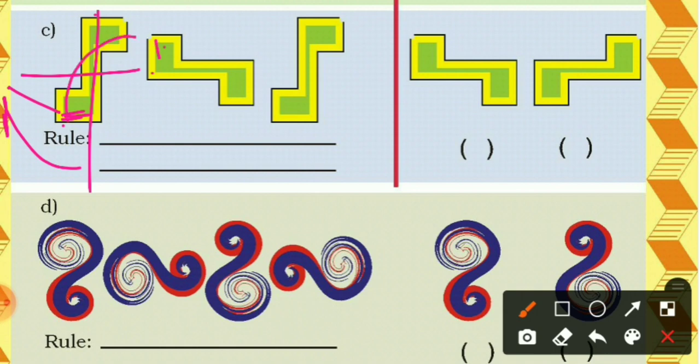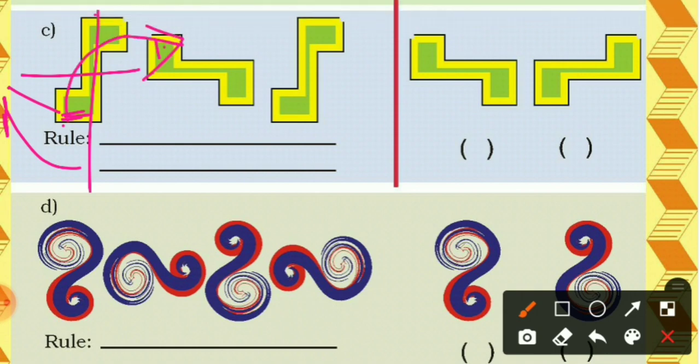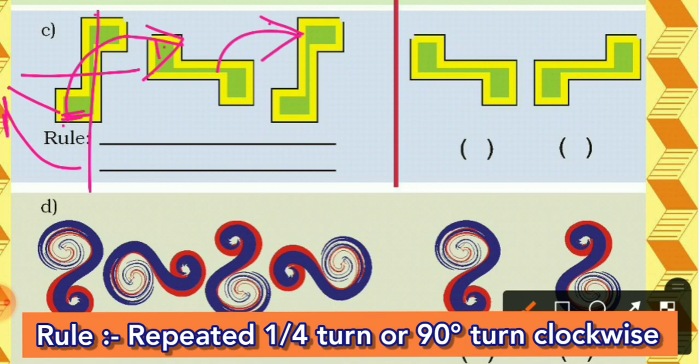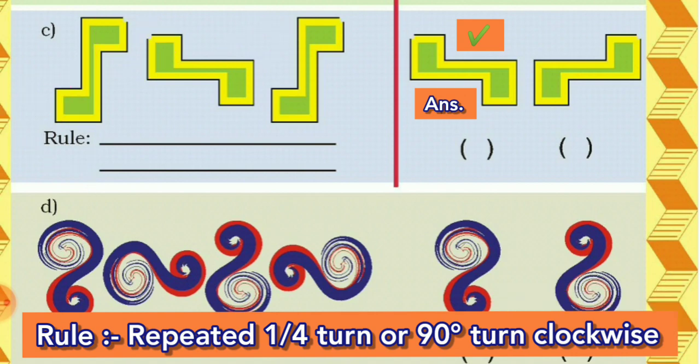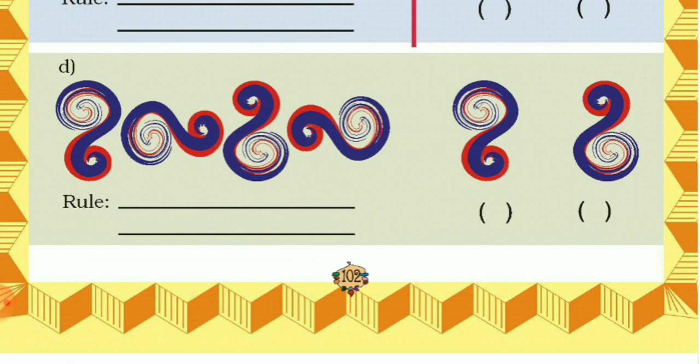Here you can see it is taking its 1/4 turn. Then in the next picture also it is a 1/4 turn. So what will be the rule? You can write the rule: turns 1/4 turn and it is repeated, or in degrees you can write turning 90 degrees each time.